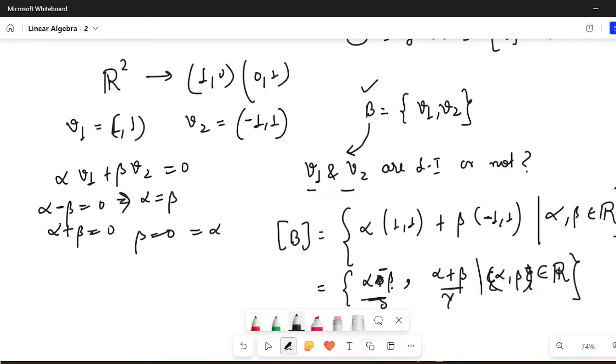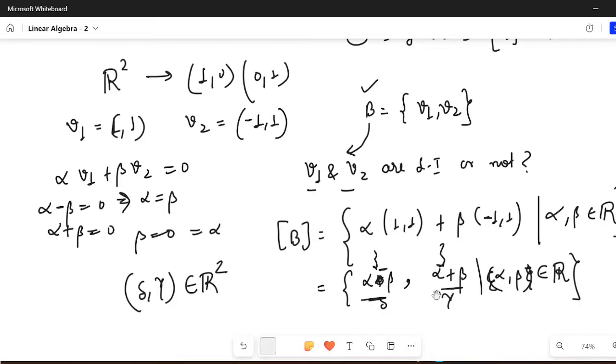If alpha is real, beta is real, their subtraction would be real, and their addition would be real. So clearly delta comma gamma will span the entire R square, because this is from R and this is from R. So R into R, that is R square, this will completely span the space.